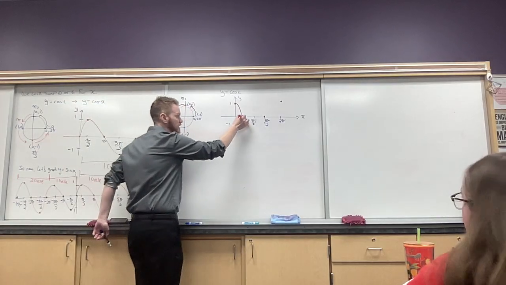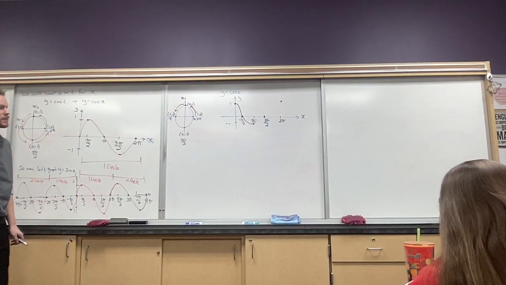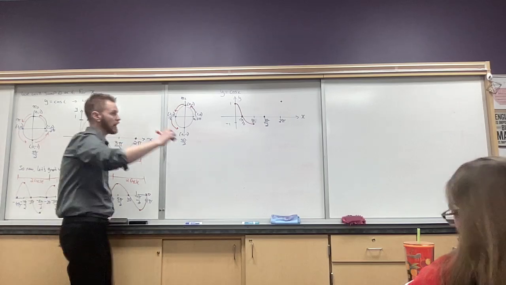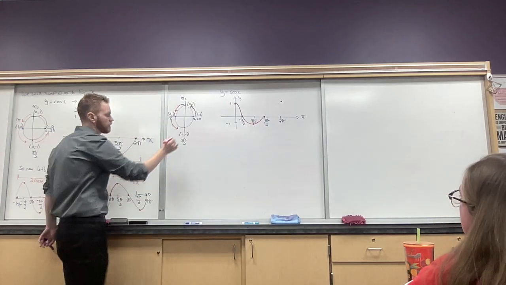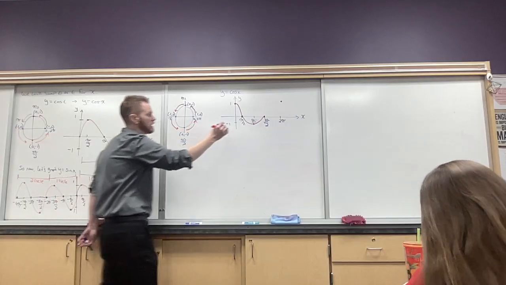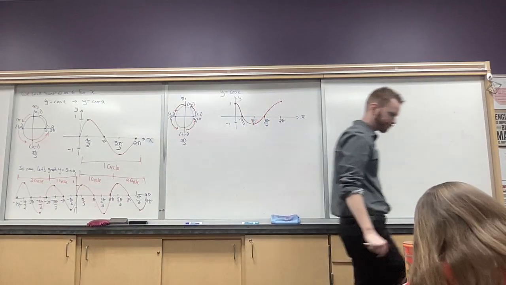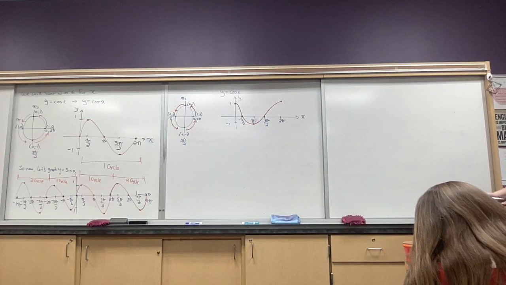It's still decreasing, so it comes down to this point. Then it goes from negative 1 to 0, so it's increasing its value again. And from 0 to positive 1, it's now increasing, so up to here. So there we go. There's our cosine wave.